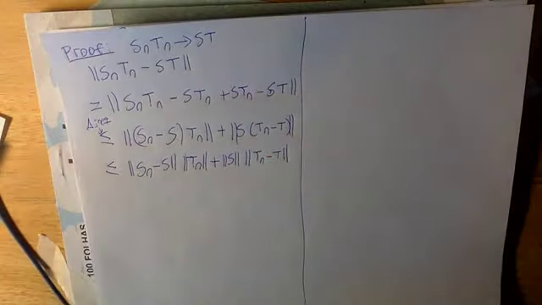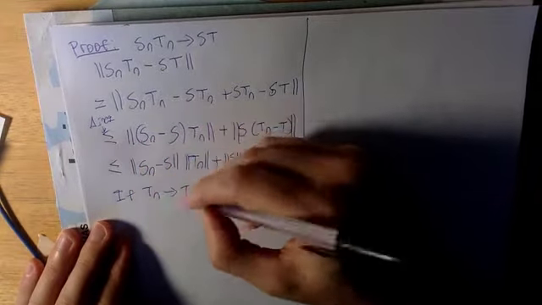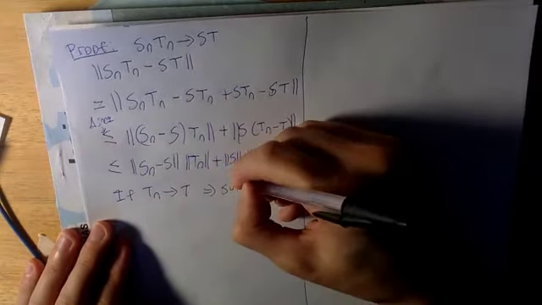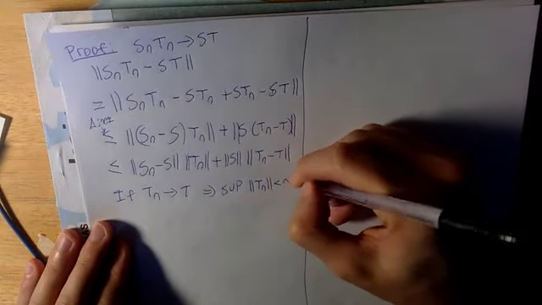Okay, and now what we can see is that if Tn converges to T, then the supremum of the norm of Tn is bounded.